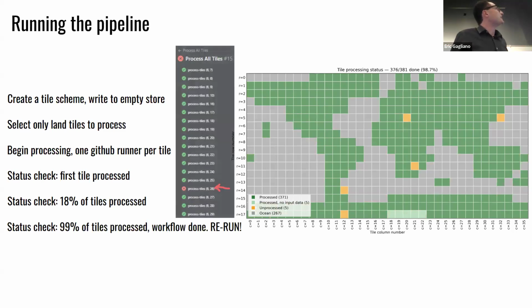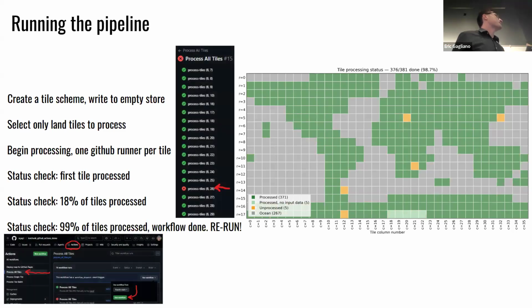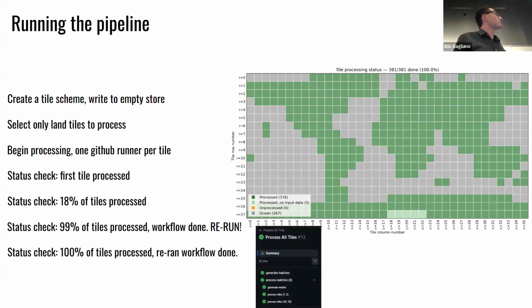You can see that maybe one of the actions might fail for some reason or another, and you can just rerun it, and then all tiles will be processed in the end. And that's what we used to create this really large global snowmelt runoff onset data set.